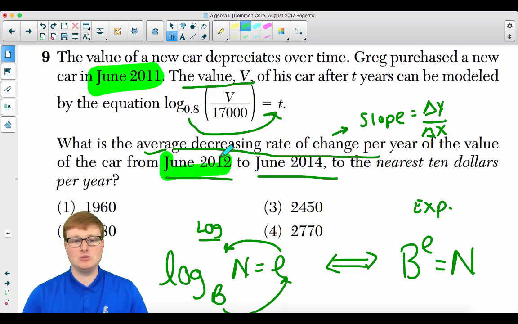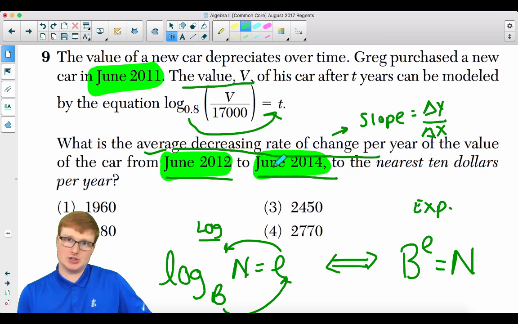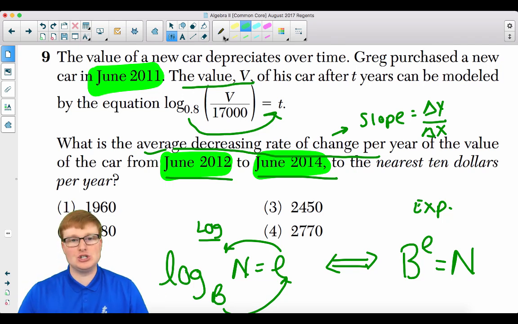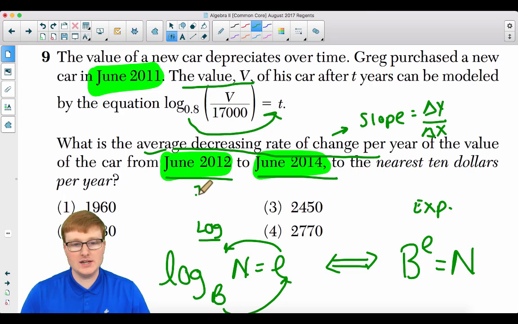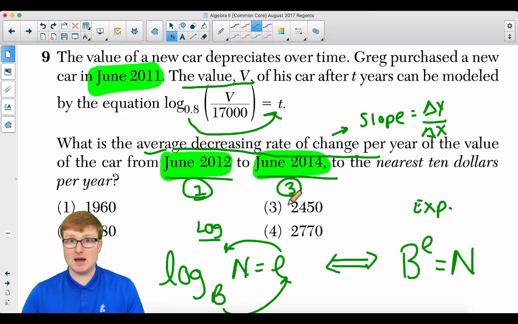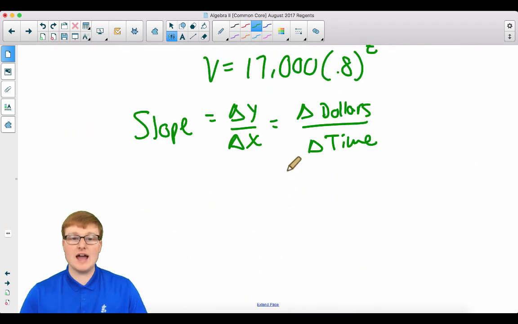They want to know from June 2012 to 2014. Well, technically speaking, how many years went by since June 2011? For June of 2012, 1 year passed by, and for June 2014, 3 years passed by based off of June 2011. So we're actually looking for when the time is 1 and the time is 3.